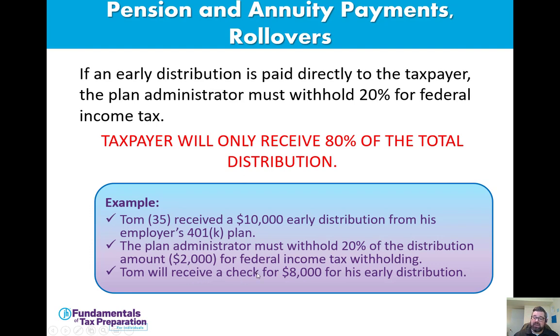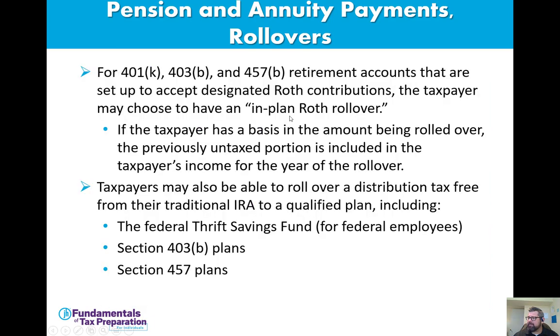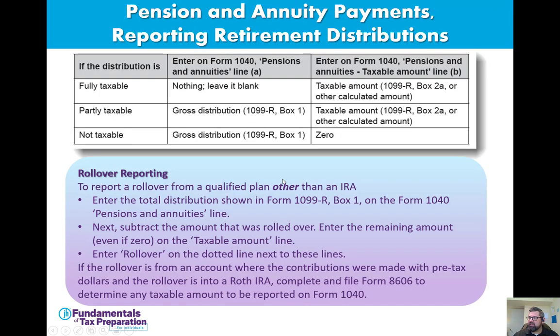Okay, so here are some rollover rules that determine the tax treatment of these items. This goes over payments and rollovers, but this stuff doesn't really come up when you're actually doing a tax return. It talks about where it goes on the 1040, but as long as you take it from the 1099-R and put it in the Profiler, that is handled for you.